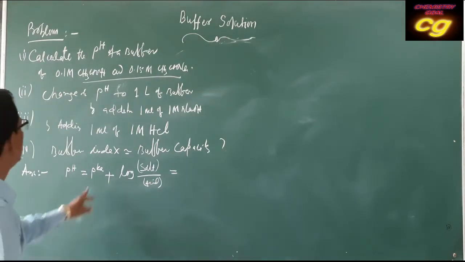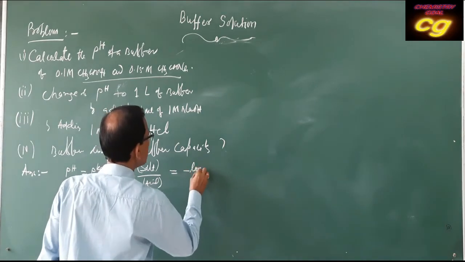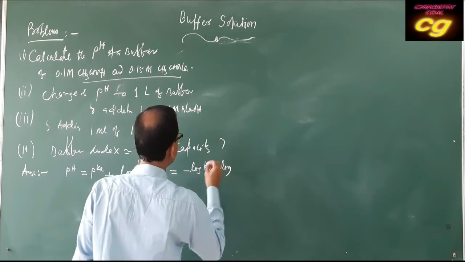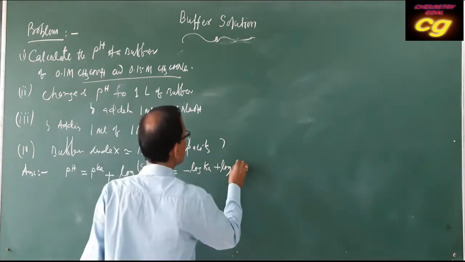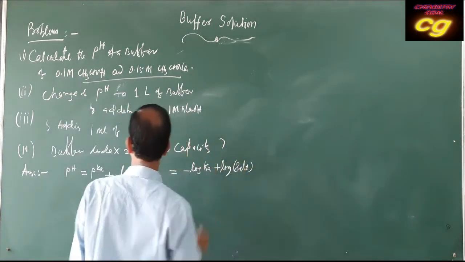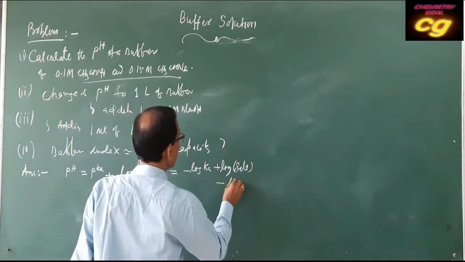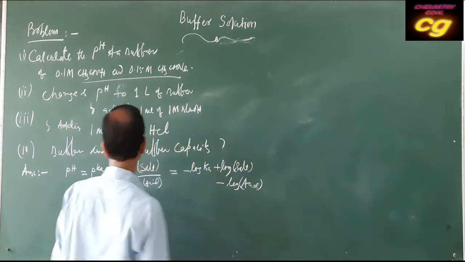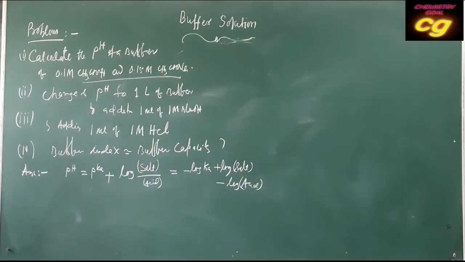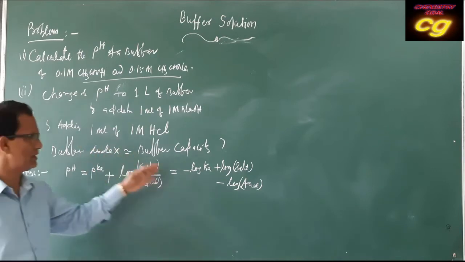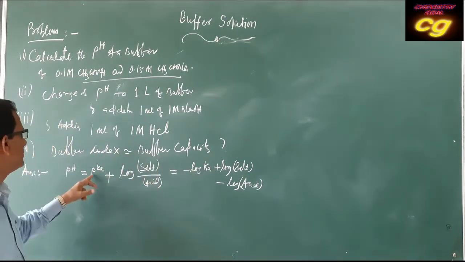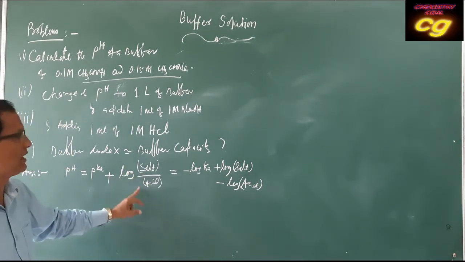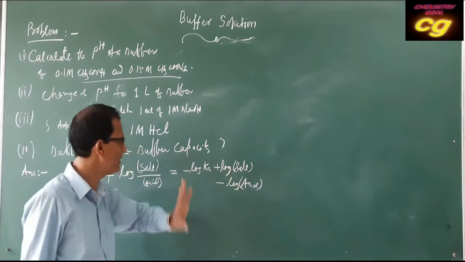But pK is equal to minus log Ka, plus log salt concentration, minus log acid concentration. I have just split the equation like this, since log A by B is equal to log A minus log B.